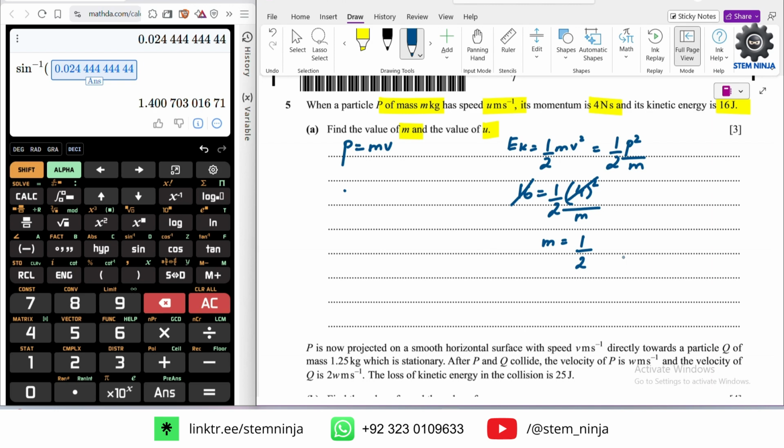Right, okay. And then we find out P, which is going to be 4 newtons second. Mass is 1 over 2. V is unknown, so V is going to be 8. So therefore, m is 1 over 2, V is 8.